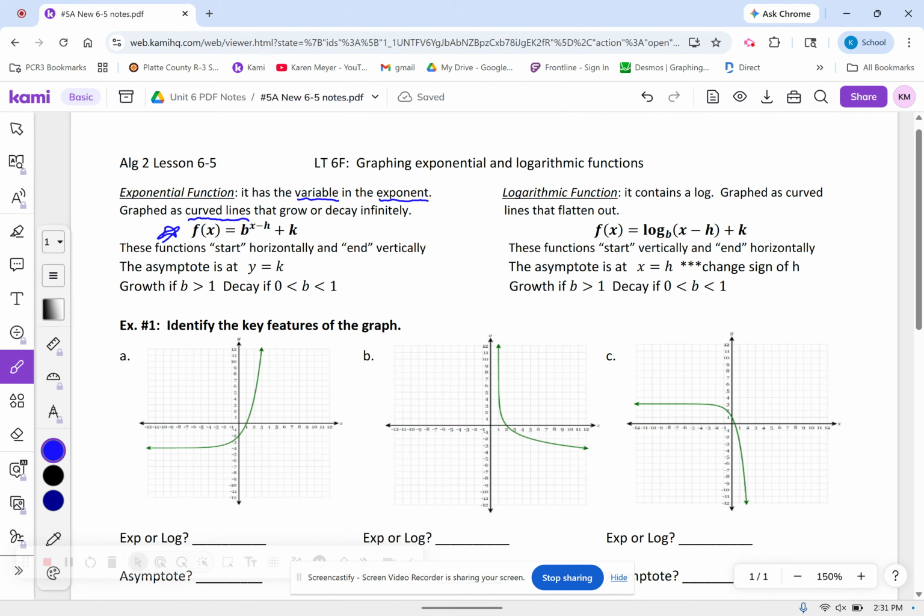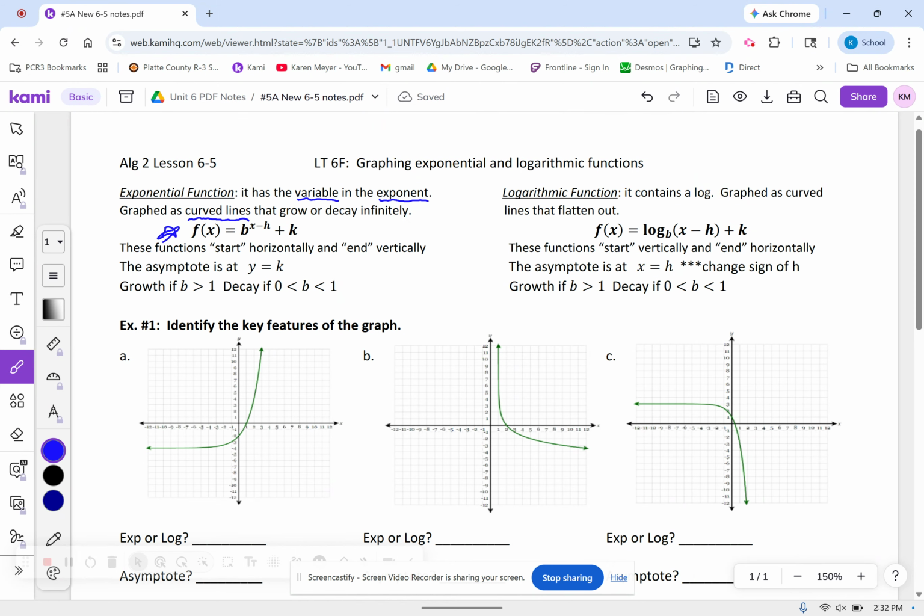Some information you need to know is that these types of functions will start out horizontally. So they will have a flat part going horizontally, and then they will start to curve. And as they curve, they will end up going out vertically forever and ever.